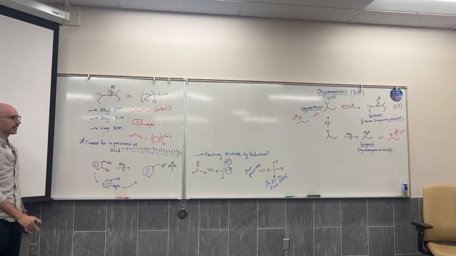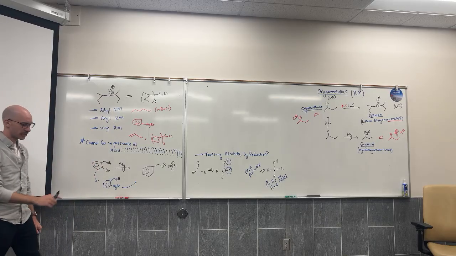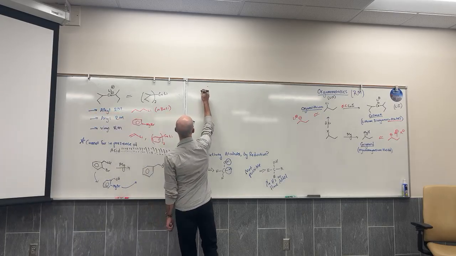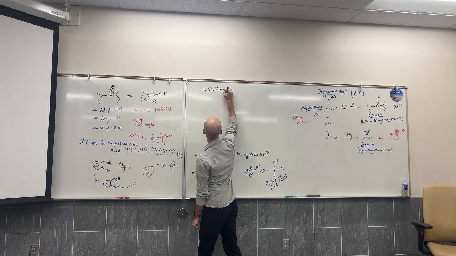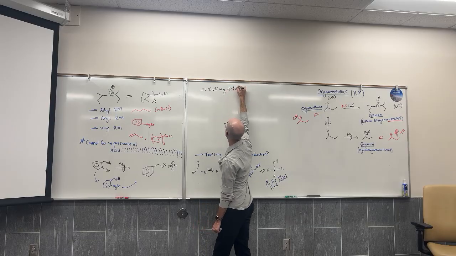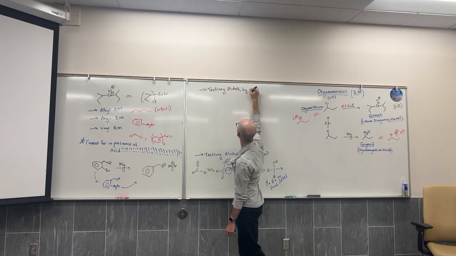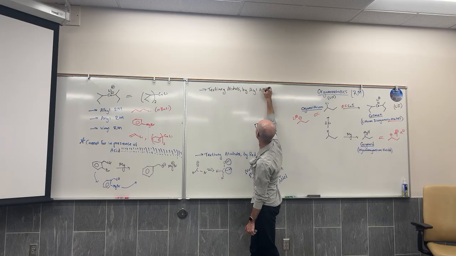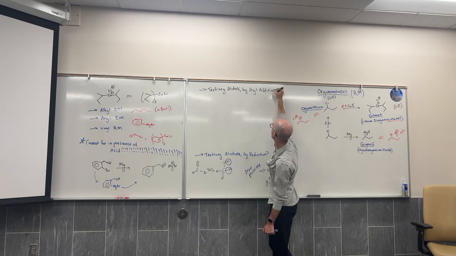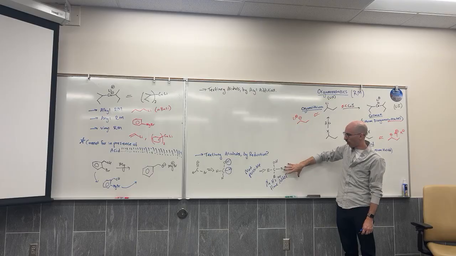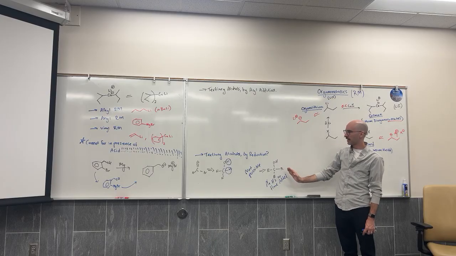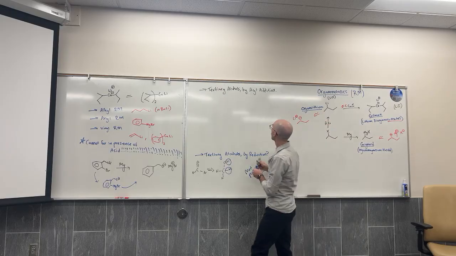But we were trying to answer, could I make a tertiary alcohol by reduction? There was no hydrogen on the tertiary alcohol that I could have added through reduction. So it just wasn't possible.